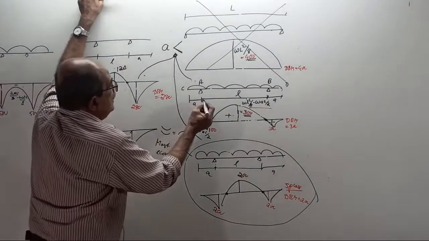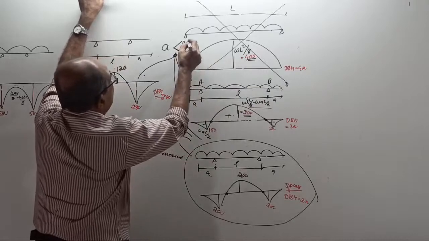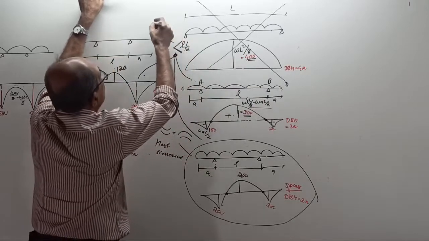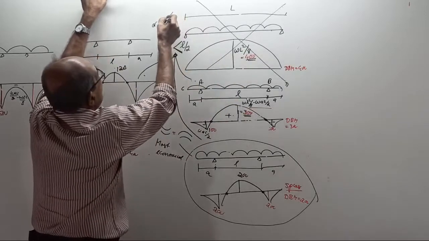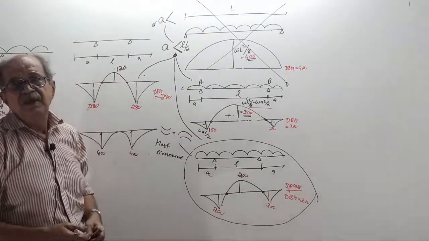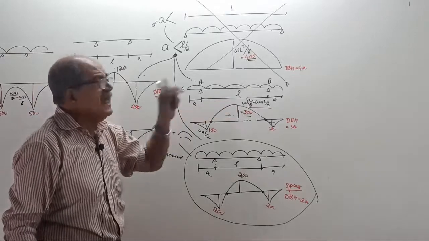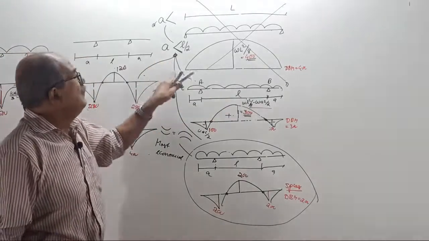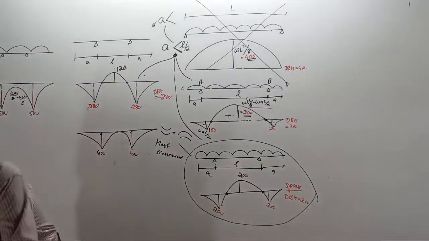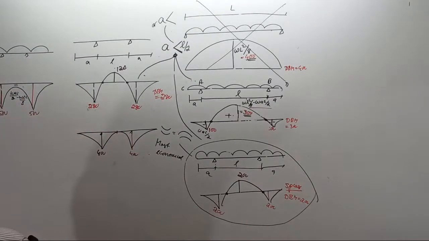L by 2, if I compare with the span. If you compare A with the span, A should be less than L by 2. If you compare the overhang with the total length, A should be less than how much? Not L by 2. I will give an example for you. What is that percentage? I will tell you now. It is not L by 2.